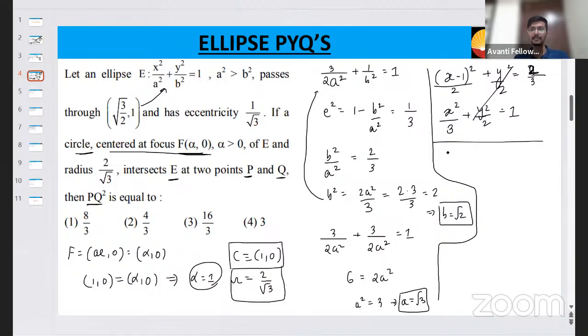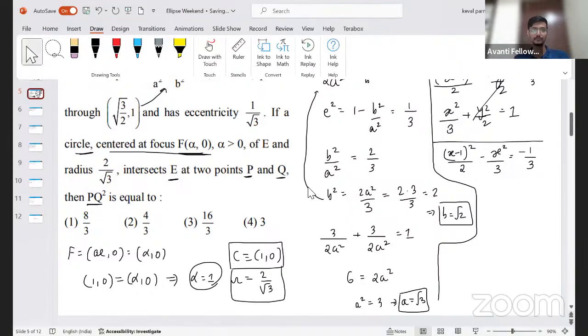We'll get x minus 1, the whole square by 2, minus x square by 3, is equal to 2 by 3 minus 1, minus 1 by 3. Correct? Let's take LCM. We have to cancel this out. Just a second.